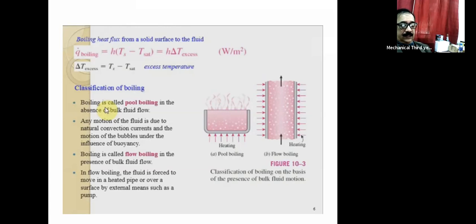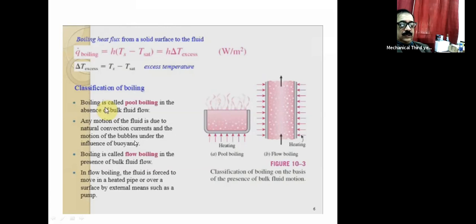That agitation gradually increases; the heat first agitates the particles, which then strike the other particles. So any motion of the fluid is due to natural convection.